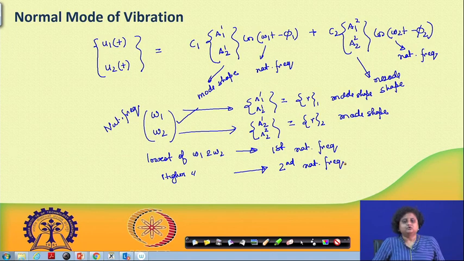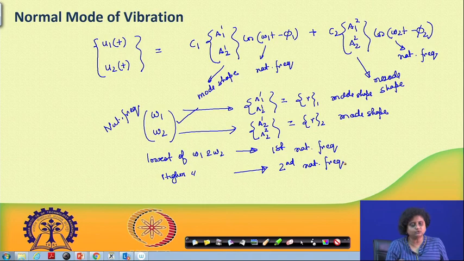Okay. Right. So, let me summarize what we have learned. We have found out how to find out what is a normal mode of vibration. We have seen that any arbitrary response is a linear combination of the normal modes of vibration.